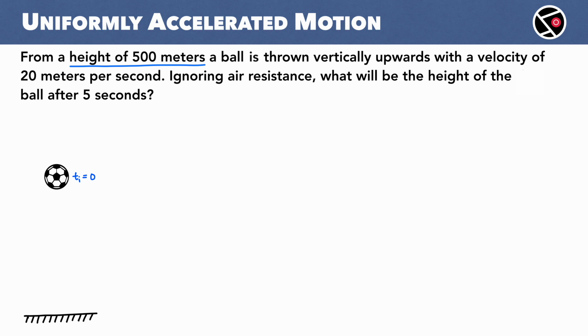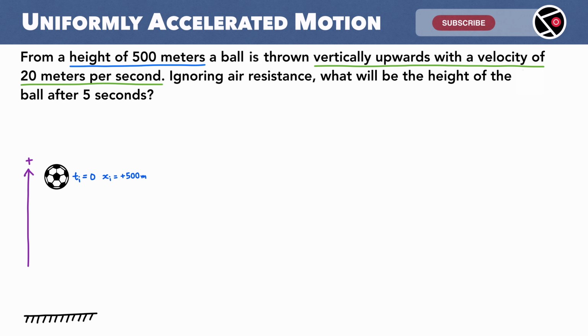So, xi, or the initial position, is plus 500 meters. I have assumed this direction upwards to be positive. The ball is lifted upwards from the ground, our reference. The initial velocity of the ball is 20 meters per second in the upward direction. So, Vi is plus 20 meters per second.